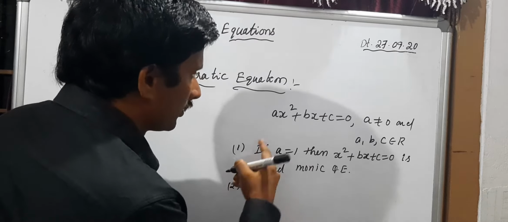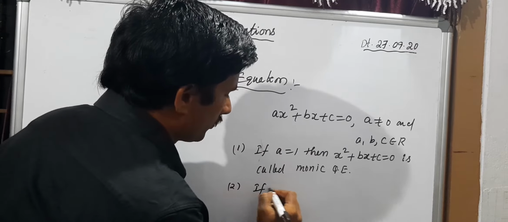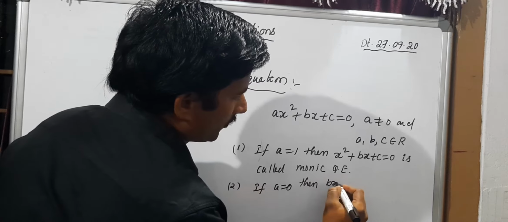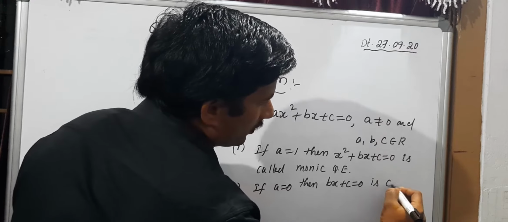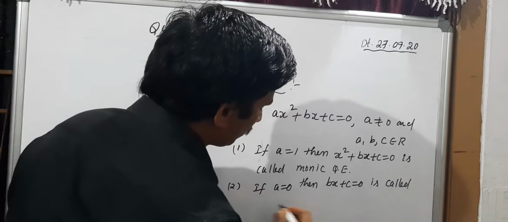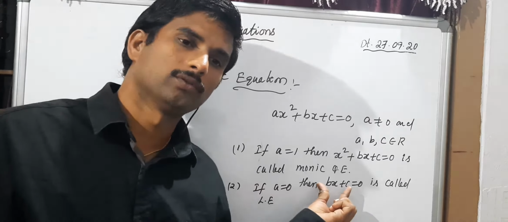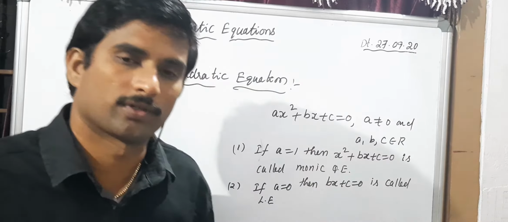And if the x square coefficient is 0, which means a equal to 0, then the equation of the form bx plus c equal to 0 is called a linear equation.